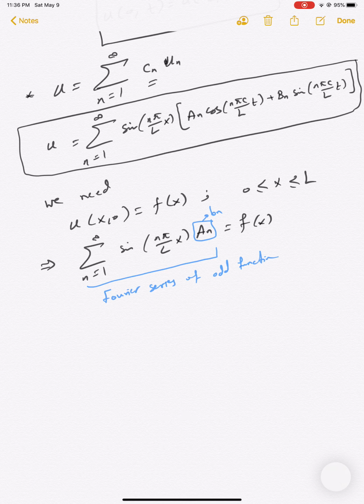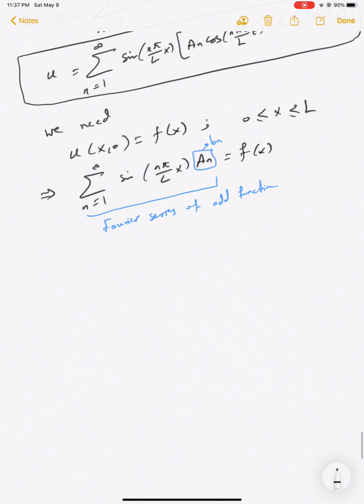Now, what was the formula for the an? The bn, I mean, which is the bn now, the an, sorry. So the formula was 1 over L, integral from negative L to L, the function times sine n pi over L x dx.